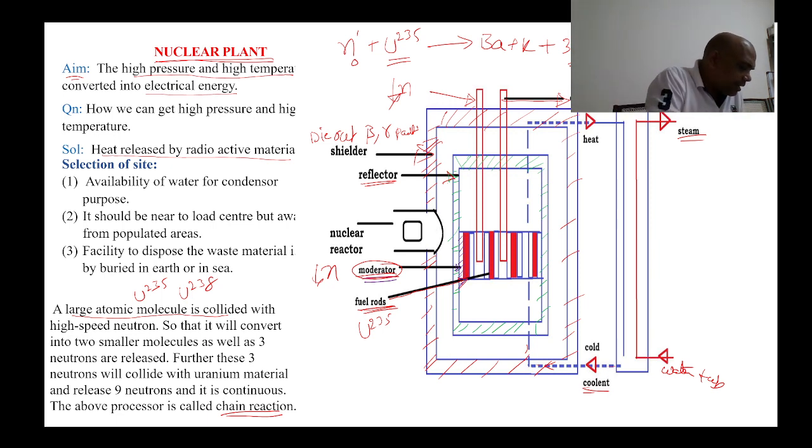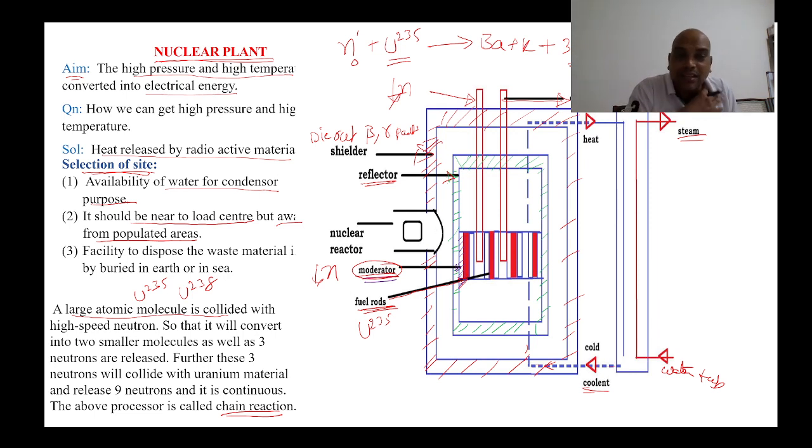Okay, right. Finally, how will you select the site? Here, availability of water for condenser purpose. You should observe this point: availability of water is very important. That is the first point. Next, it should be nearer to the load center but away from the populated area.